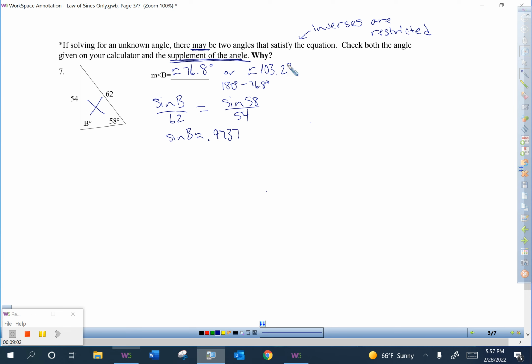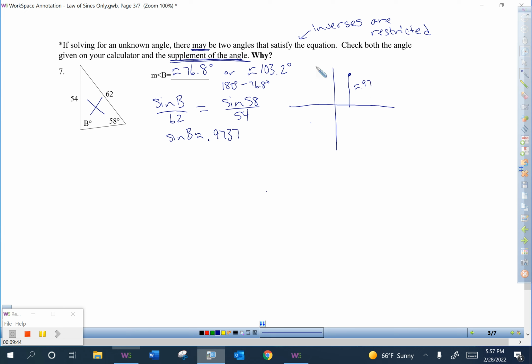So if you remember from the early part of Chapter 4, when we were talking about angles and supplements, we did so on the unit circle. So I wanted this number so we could kind of get a visual. 76.8 degrees on the unit circle is right about here. And we're saying the y value of that is about 0.97.